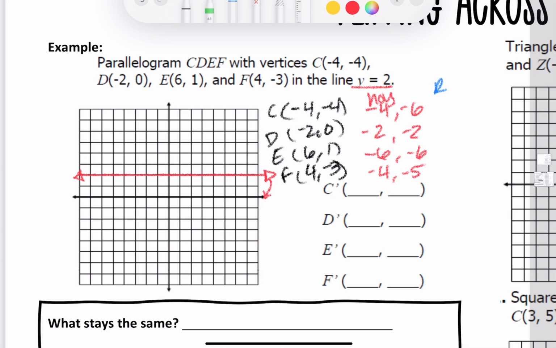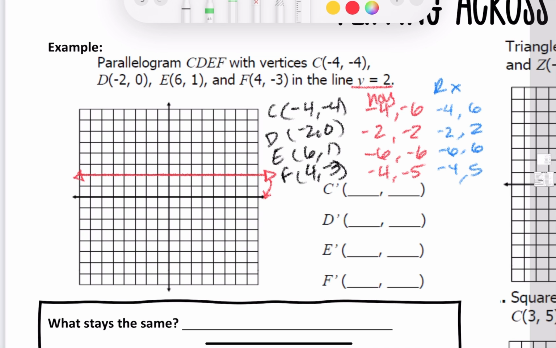And it's a reflection across the x-axis. So my x value stays the same, since it's a reflection over the x, and my y flips the sign. So this becomes a +6, +2, +6, +5. And because you moved it down 2, now you're going to move it back up by the 2 that we took away.